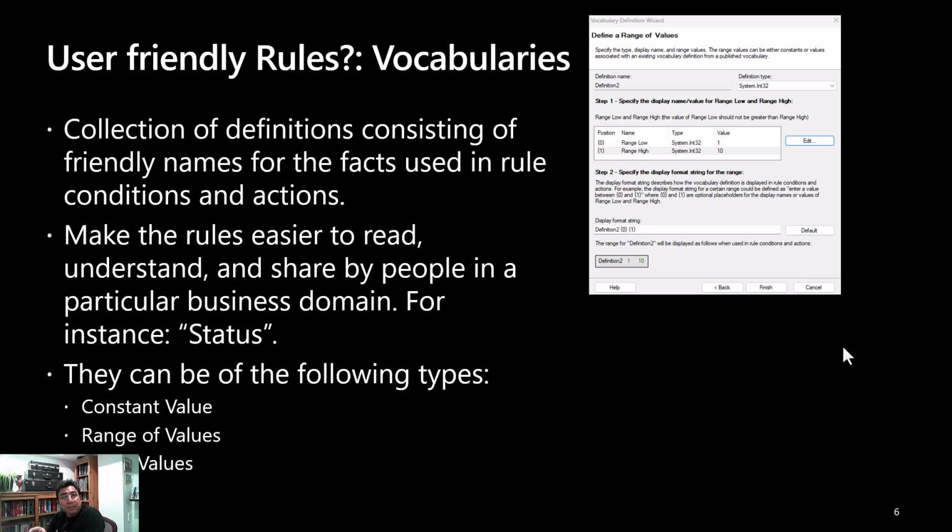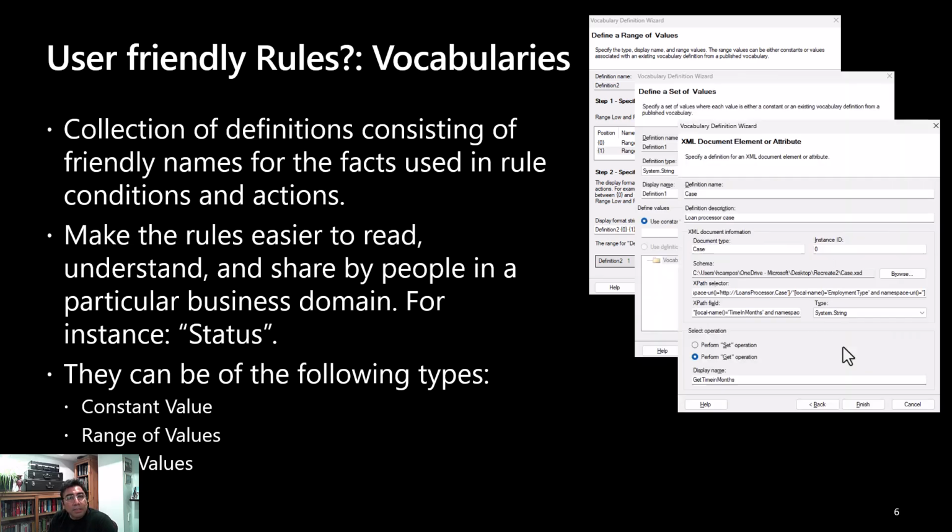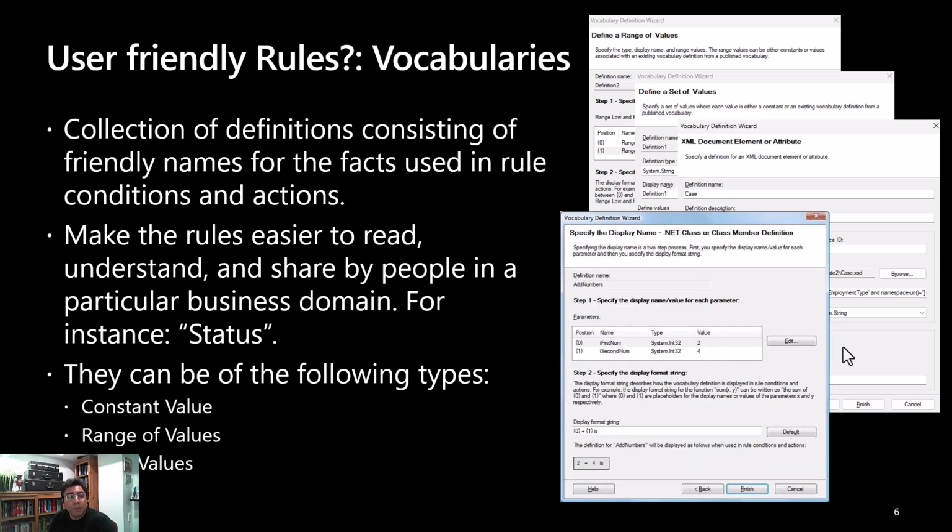For instance, status, or top value, or top range. They can be of the following types: constant value, range of values, and set of values. All of these different types are available for you in the Microsoft Rules Composer. So we're going to take a look during the demo briefly at the types and how we manage them.